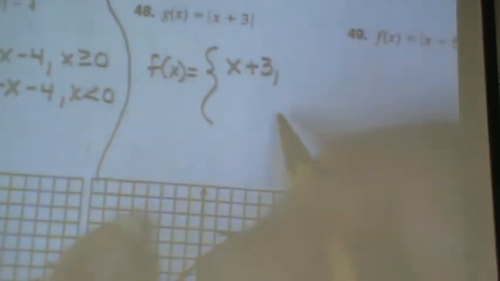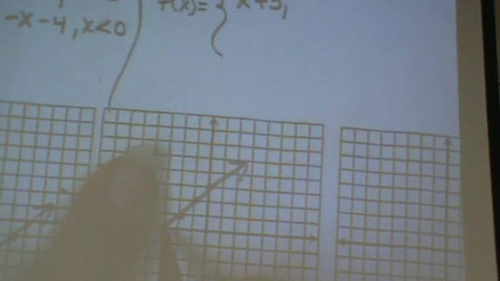So the first line right here, what's the equation of that line? That would be f of x equals, the bracket. This starts at 3, and it's a positive slope, so it's x plus 3. You're going to use this line for the x values that are greater than or equal to negative 3, because it starts at negative 3.